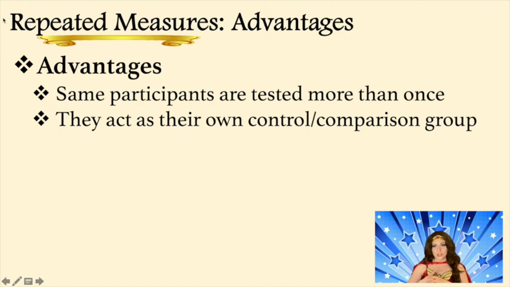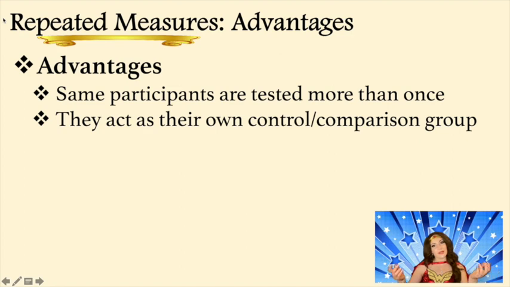Because of this, you limit the number of participants that you actually have to have. Remember, we said 20 to 30 participants per condition. If your condition is time, right, 1 week, 2 weeks, 3 weeks, 4 weeks, the participants in a repeated measures design act as their own control or comparison group, because essentially you are comparing those same people to themselves just at different points in time.